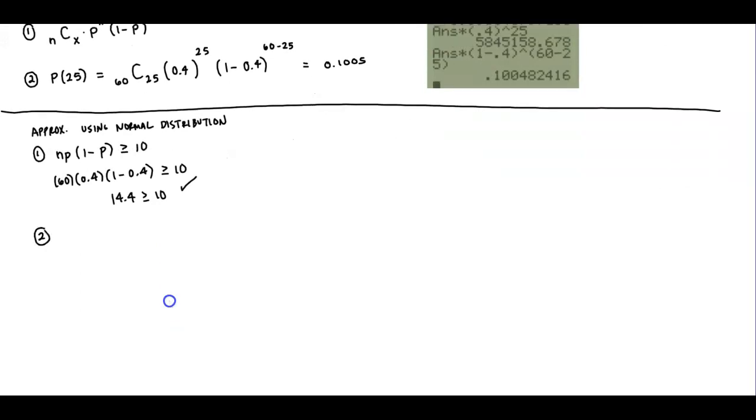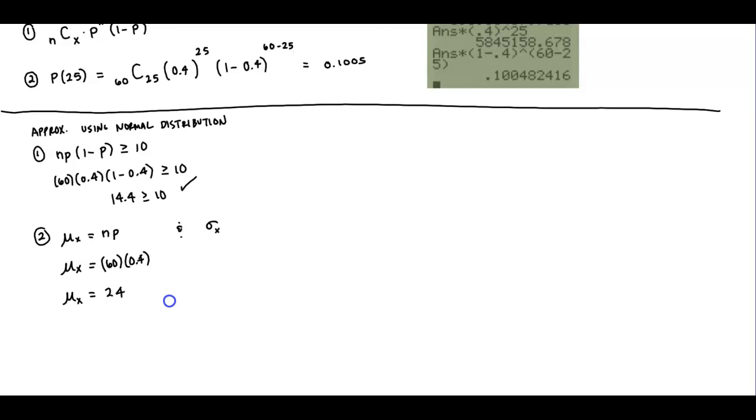Now, number 2, we want to find the mean and the standard deviation. To find the mean of the approximation, it's going to be n times p. So the mean is going to equal 60 times 0.4, which equals 24.